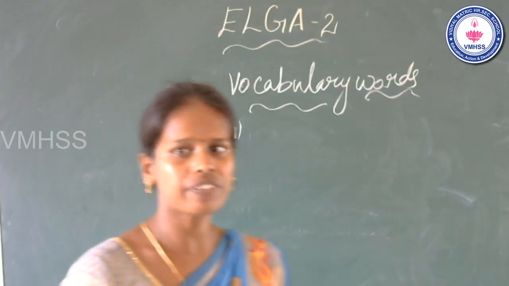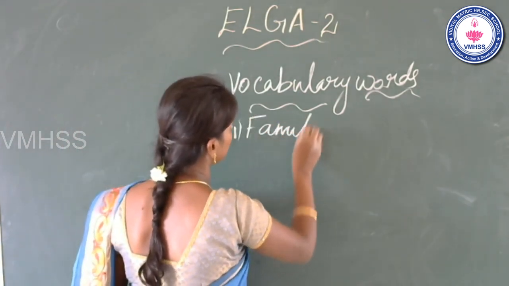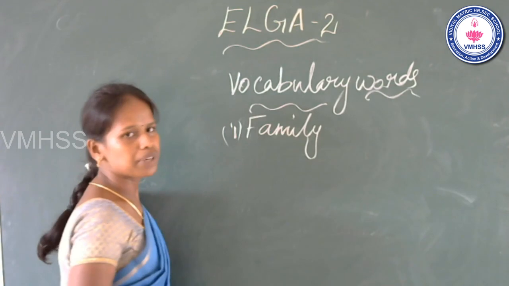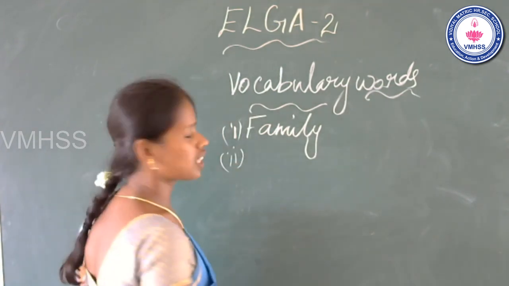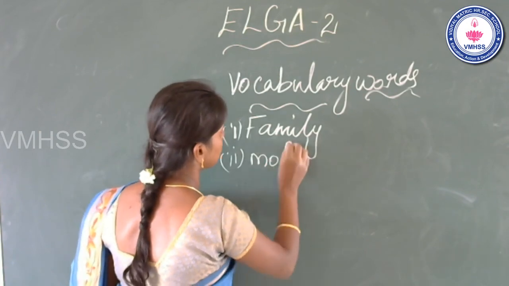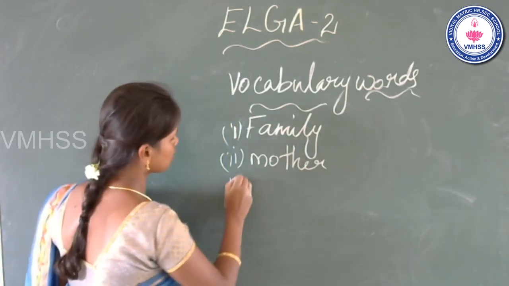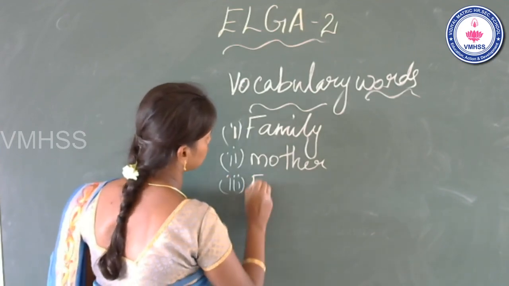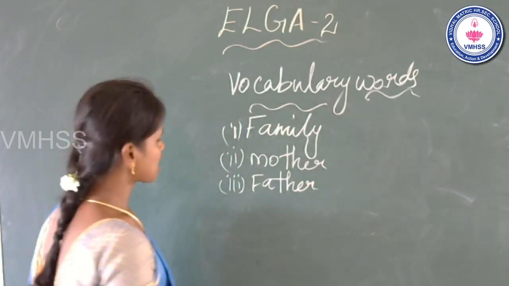The first vocabulary word is family. What is the meaning? Family, kudumbam. Second one is mother. Amma. Mother. Next one is father. Appa. Father. Next one is sister.